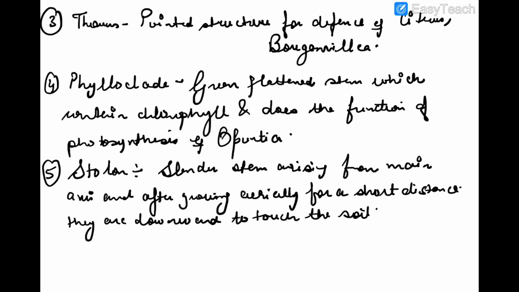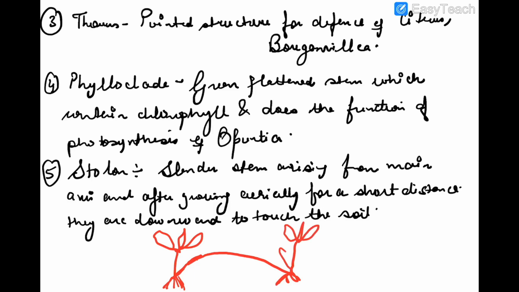Let us understand this with the help of diagram. So if this is the plant, then this would be the slender stem which will grow from the main axis, and it will grow aerially for some distance and then will arc downward to touch the ground where there would be another plant. This is example of stolon. Examples are mint and jasmine.